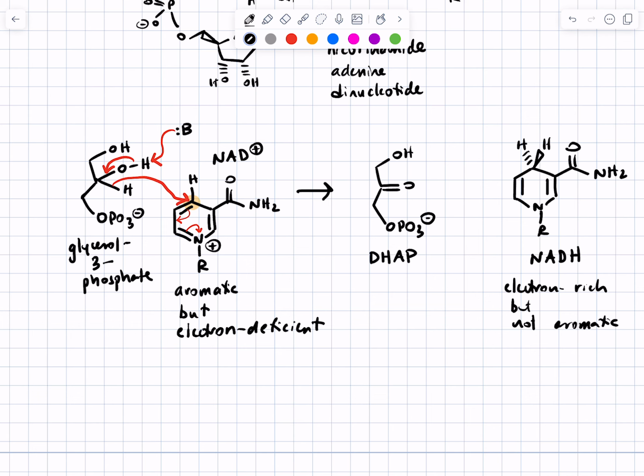This trade-off between electron poor, aromatic versus electron rich, but not aromatic, is why NAD+ is good at accepting H-, but it's also why NADH is good at donating H- in reduction reactions.